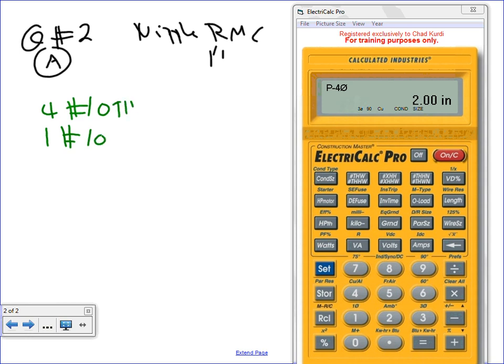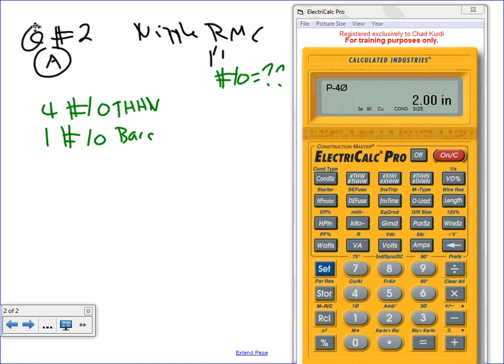This is THHN. And I need to find how many extra number 10 conductors I can add to pull inside this conduit.